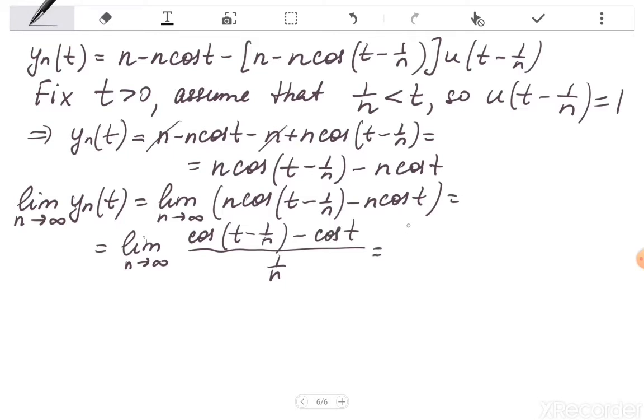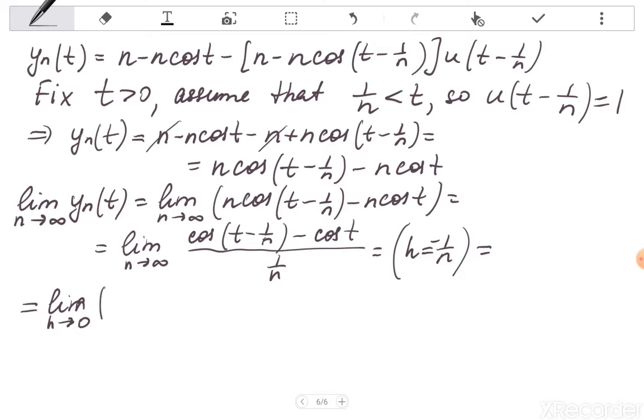And let me now make a substitution. We introduce h, which is just minus 1 over n. So in this case, as n approaches infinity, h will approach 0. And this 1 over n will be minus h.